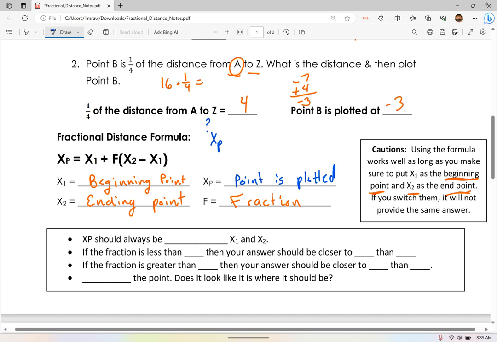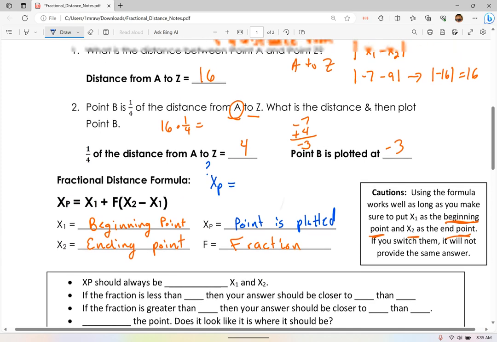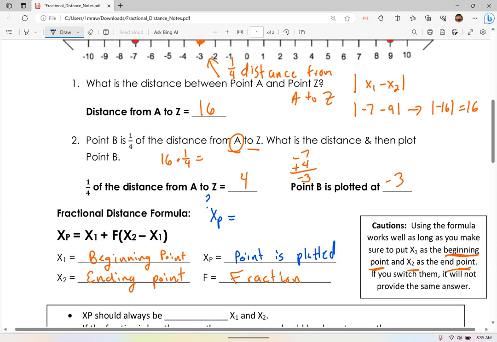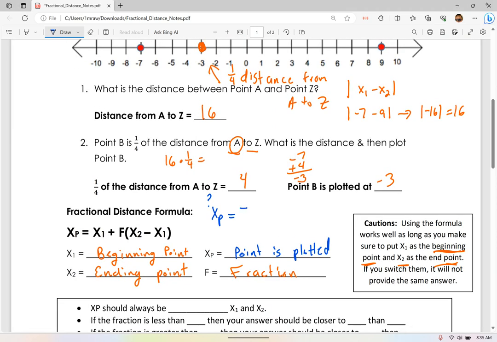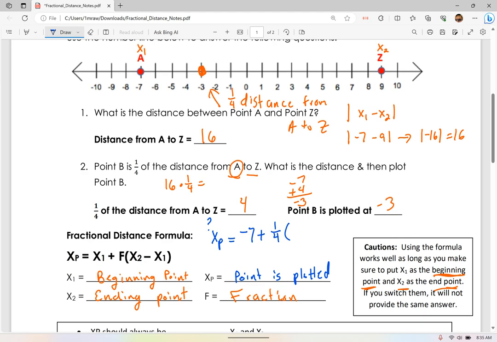That was the question here, is equal to x1, which would be a, which is at -7, plus my fractional distance, 1/4, times x2, which is 9, minus x1, which was -7, right? And that's how you would get xp, which is 3.